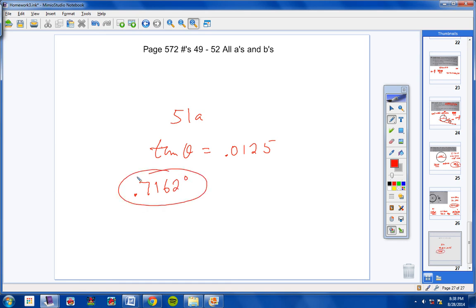Now let's change our mode over to radians, and hit second tangent 0.0125, and for radians we will get 0.0125 radians. If you take the tangent of this in degrees, you will get 0.0125. If you take the tangent of this right here, you will get the same thing, 0.0125, which is somewhat of a coincidence, but it is the correct answer.